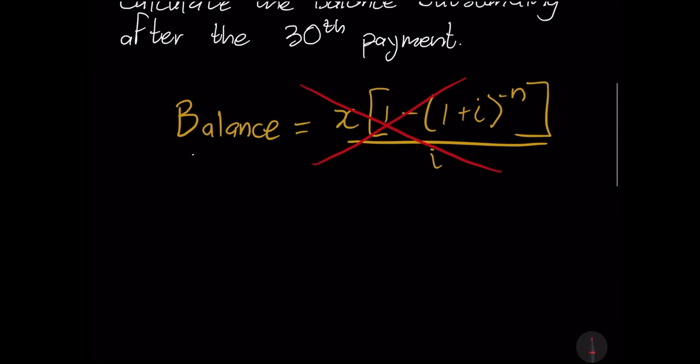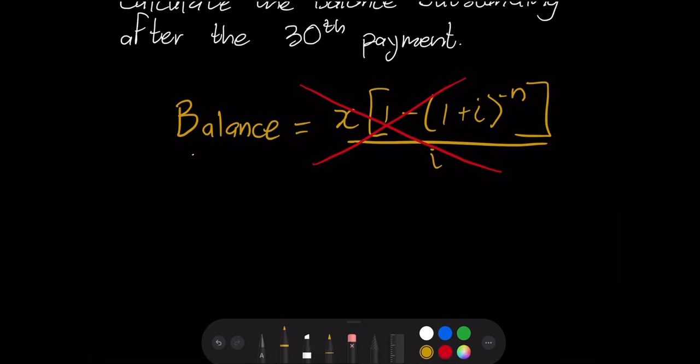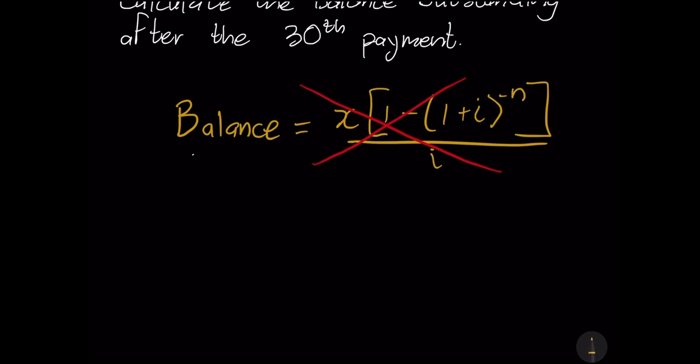Now, how will we calculate the balance in this particular case? The balance on this loan would be the present value times (1 plus i) to the power n, where n is the number of payments already made.